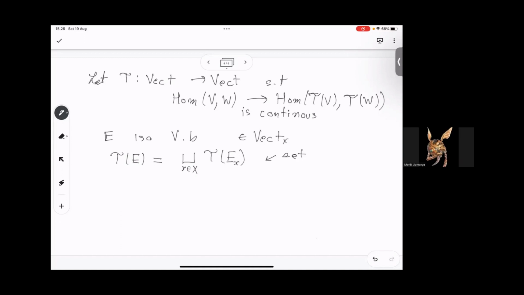Dr. Mayuk, there is a nice question in the chat box. It asks, what's the topology on Hom(V, W)? So the topology on Hom(V, W): at the moment I'm thinking of them as matrices, just n cross m matrices. That's a vector space, and so that has a topology.